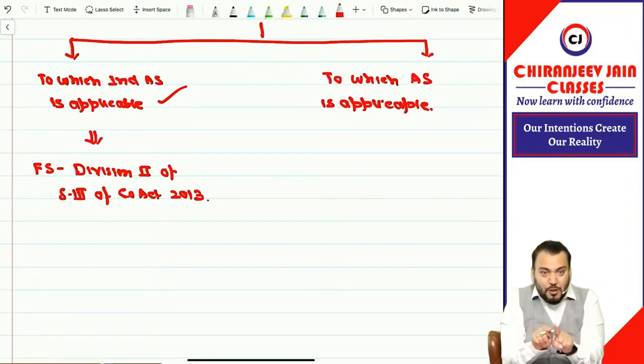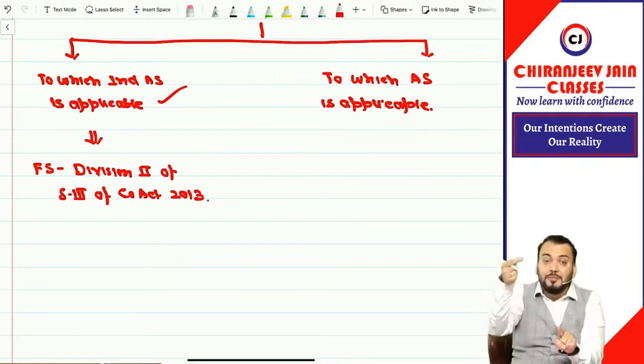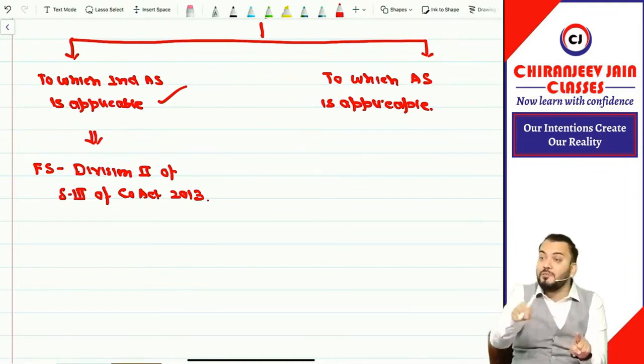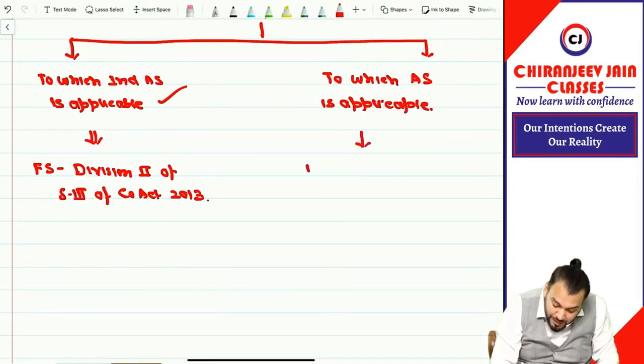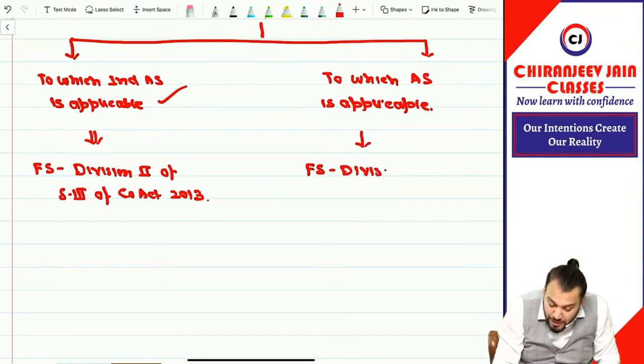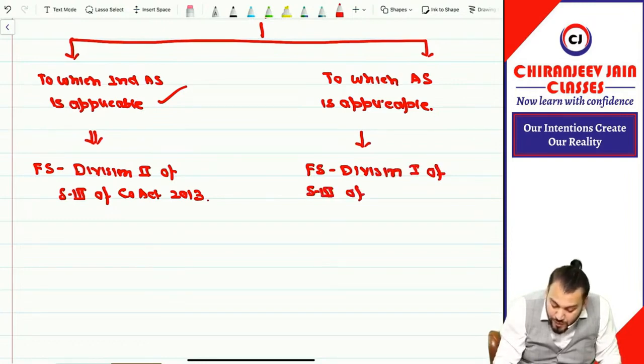Format means presentation of financial statement. Now you need to prepare the financial statement as per the requirement of Division 2, not Division 1.